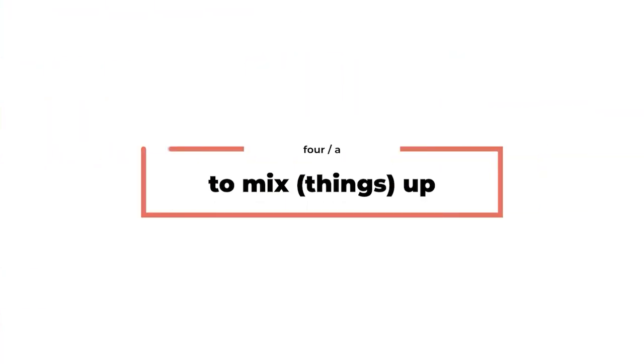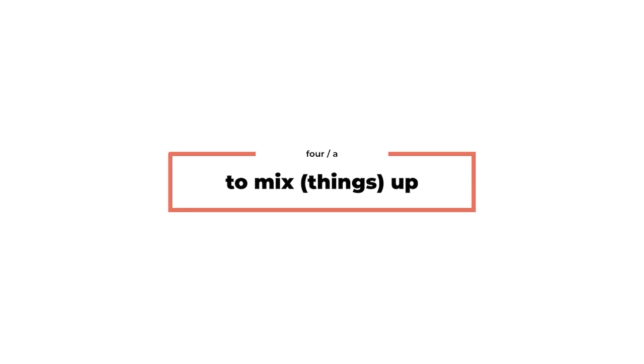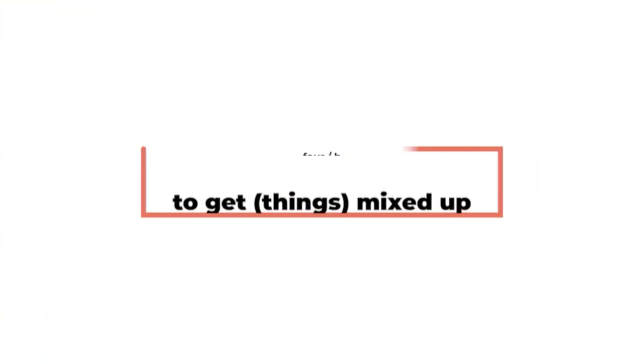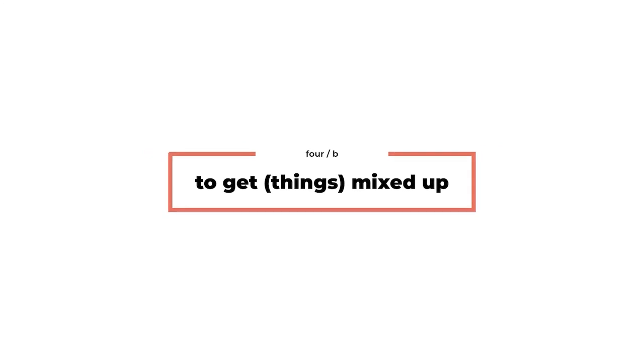Okay, the next expression is another phrasal verb, guys. I apologize. It's to mix up. To mix up, or to get something mixed up. To get something or someone mixed up. We'll do them both at the same time because they are the same.